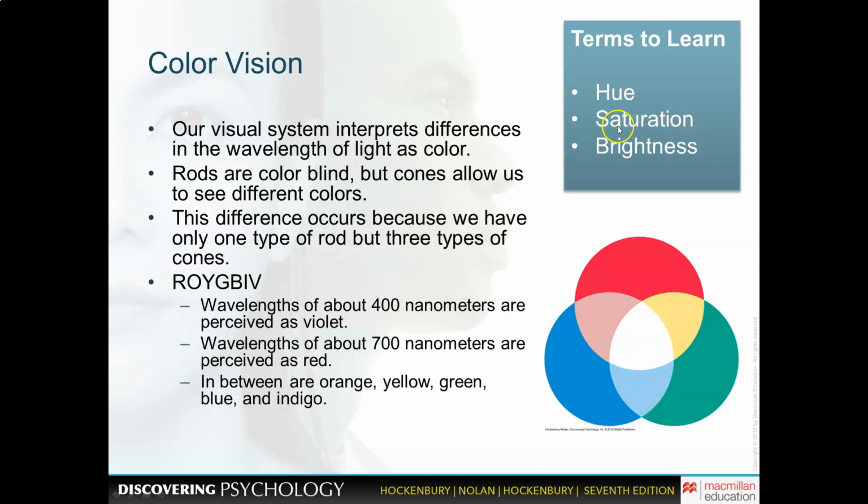And third, we have the term brightness. Brightness just means the amount of light that is reaching the eye, which causes us to see colors at a certain level. We typically say, that's a very bright blue, or a very bright red, or a dull green. That's what they refer to as brightness. Okay, let's move on.